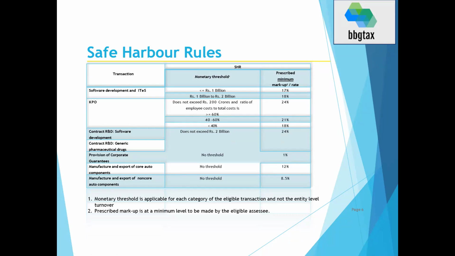So what it means is that if between two associated enterprises, one of them has provided a corporate guarantee for the other associated enterprise, he should be charging a markup of a margin of 1%, and then the transaction will be considered to be at arm's length, or the person will be considered to be within the safe harbor provisions as provided under the Indian income tax law.